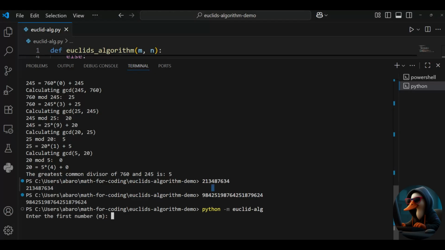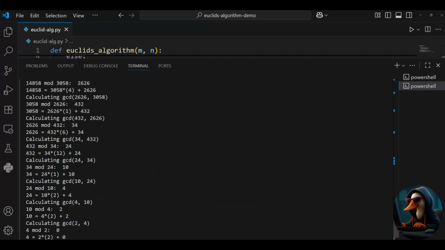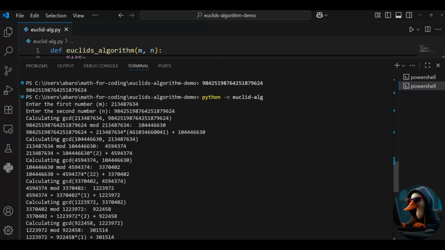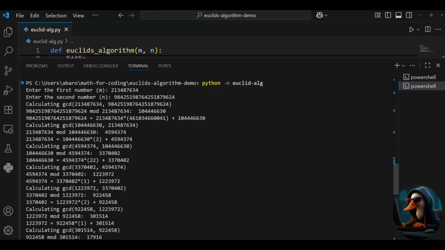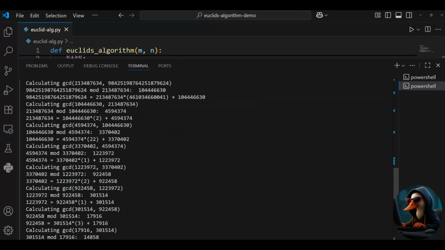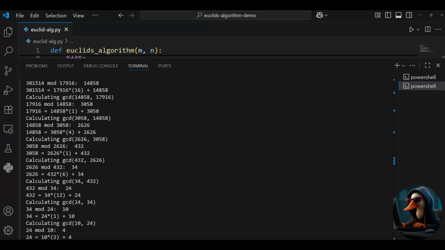So let me first try this number. And then let me do the second number. Okay, so this actually looks like a lot because there are a lot of outputs in here, but relatively, given the size of these two numbers, this really isn't that many steps.